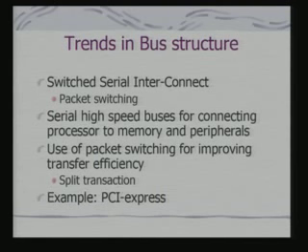When we refer to bus structures, we are referring to how the CPU is connected to peripherals and memory. There also the trend is towards designing high speed switched serial interconnects. That means effectively bringing in packet switching, for improving what we call transfer efficiency.